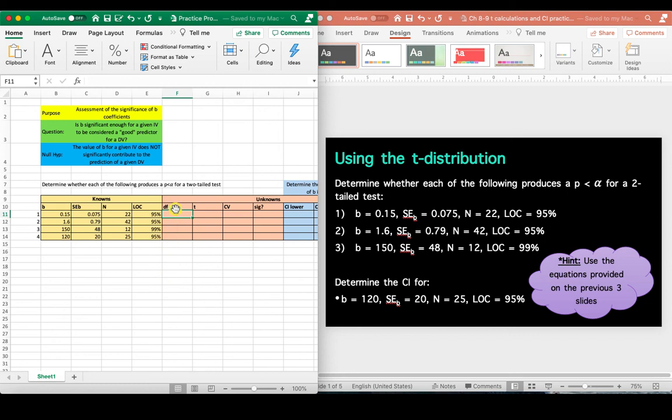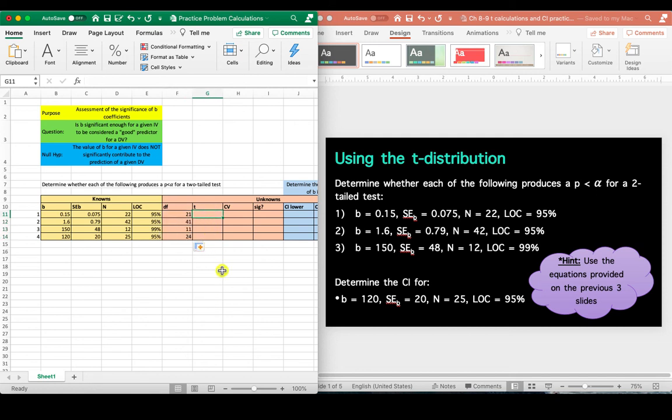Therefore, degrees of freedom will be n minus 1, with the 1 representing our single independent variable. That'll be the same for each of these here.